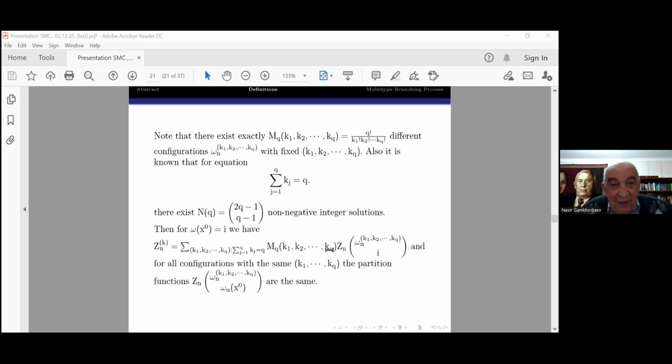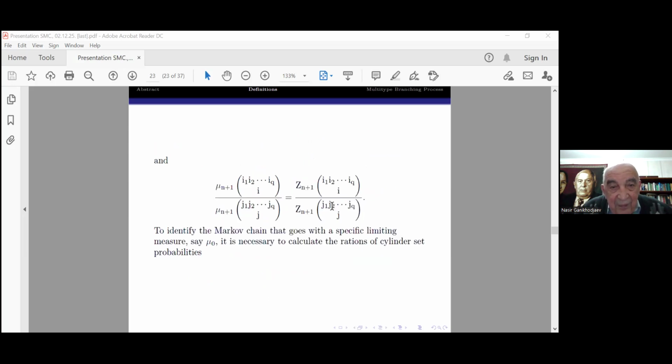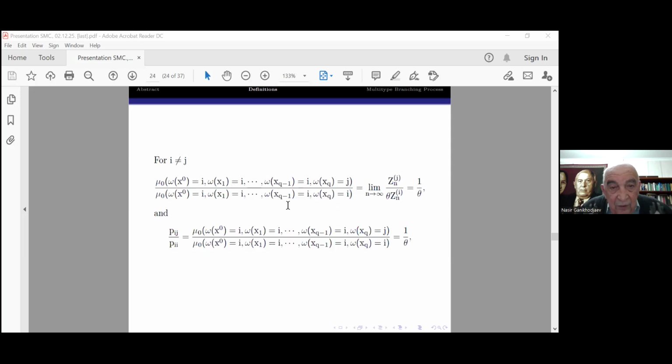And Z_{n+1} can be found by this equality formula. And we can compute the conditional Gibbs measure for the (q+1)-dimensional cylinder set, this one, with free boundary, as their ratio.